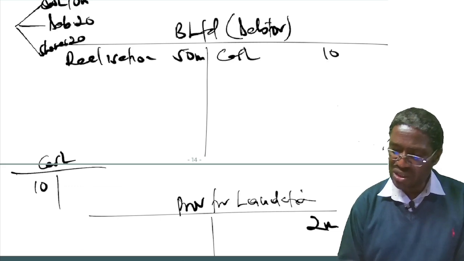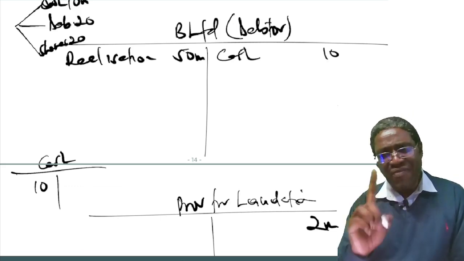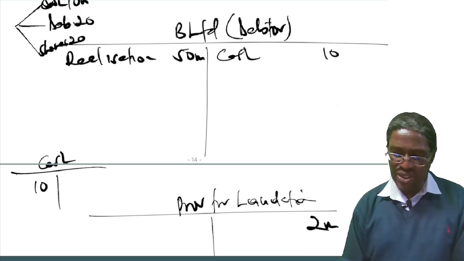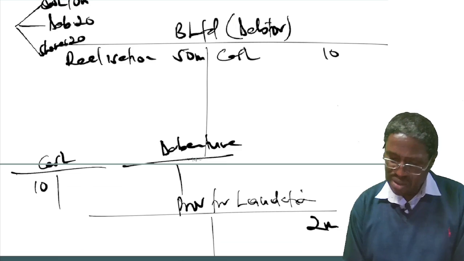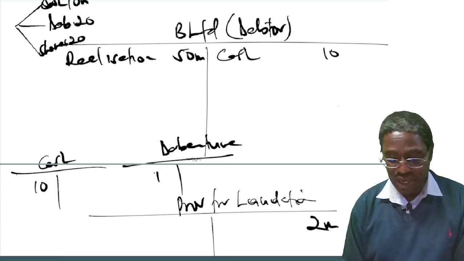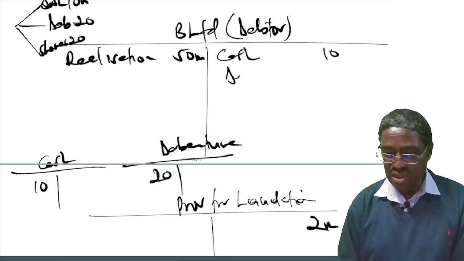If they are paying us in terms of debentures, you debit the account called debentures in B Limited by 20 million, and you credit the purchasing company 20 million.